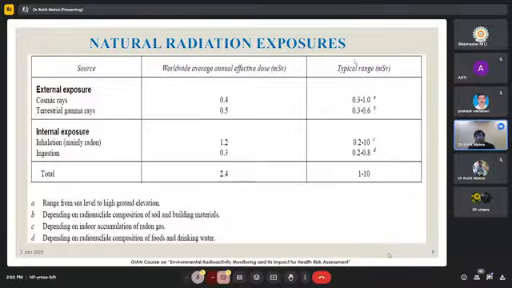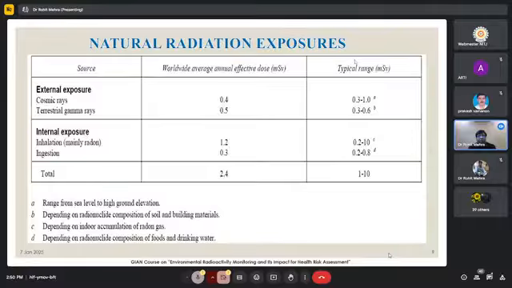So if for a similar concentration we are having a different level of radioactivity, that may be only because the coal being used in different thermal power plants is of different quality.